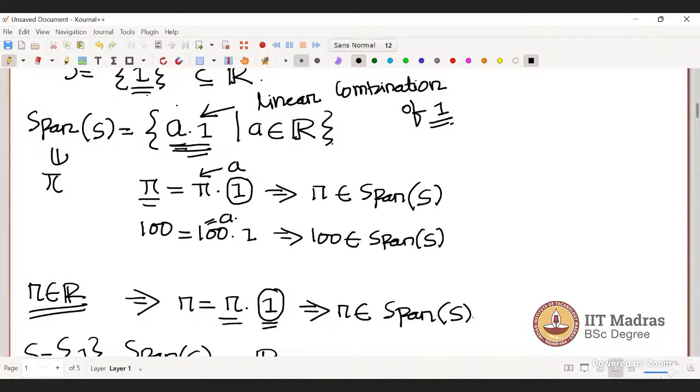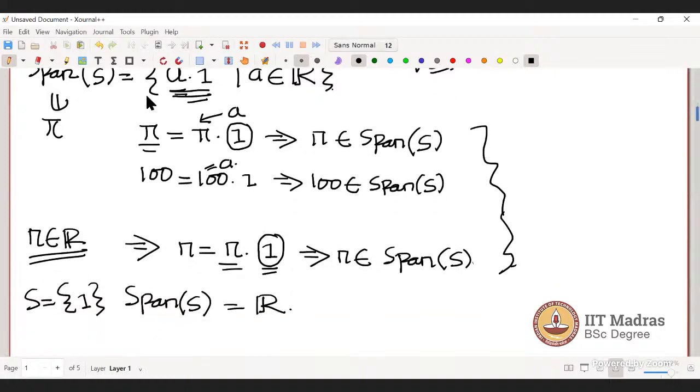Yeah, okay. So I am taking all the linear combinations of one, and I just showed that you can write all the real numbers as a linear combination of one. So if I can write all the real numbers as a linear combination of one, that means the span of this set one is basically R. So can we say that the span of one is the real numbers?